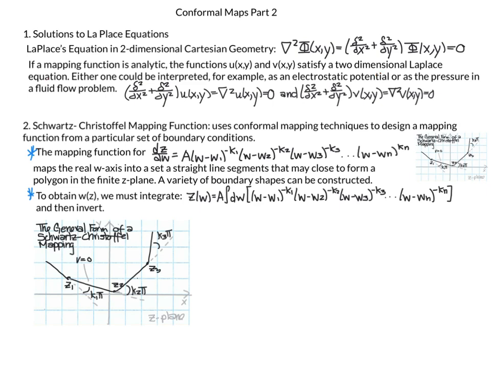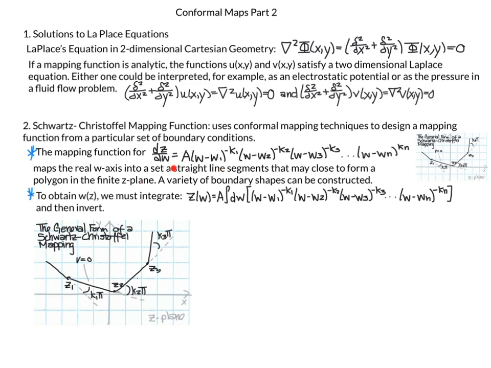The second type of conformal map we will look at are Schwartz-Christoffel mapping functions, which use conformal mapping techniques to design a mapping function from a particular set of boundary conditions. The mappings take this form here, and the significance of them is that they map the real w-axis into a set of straight line segments that may be closed to form a polygon in the finite z-plane.